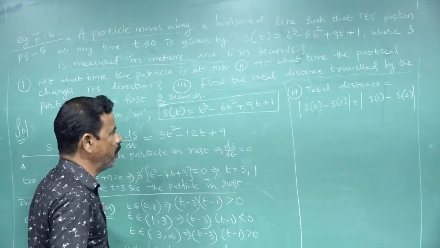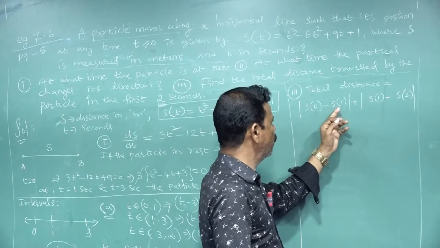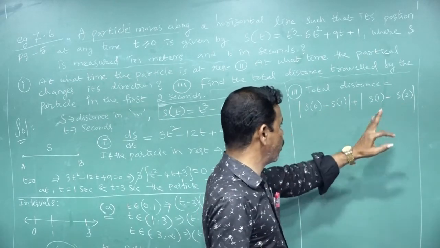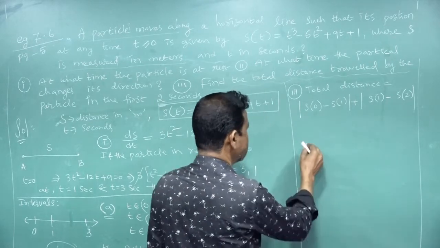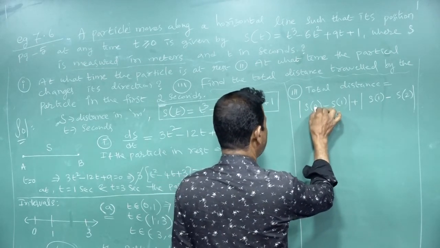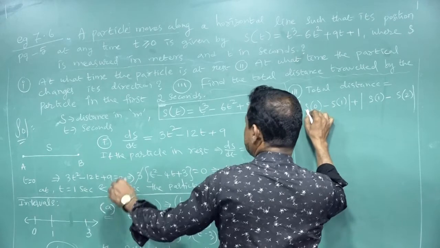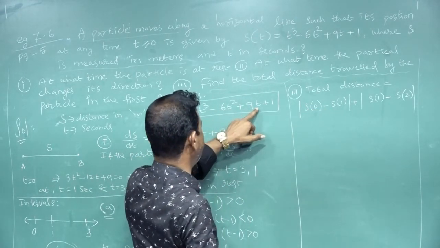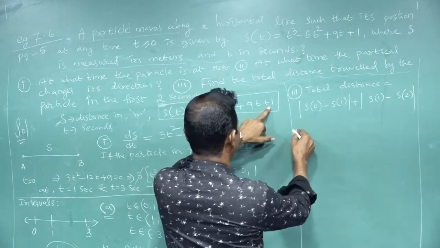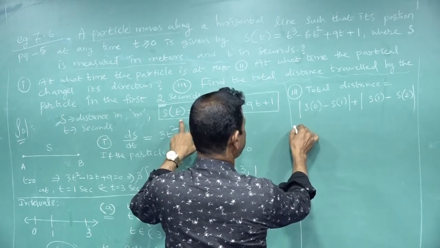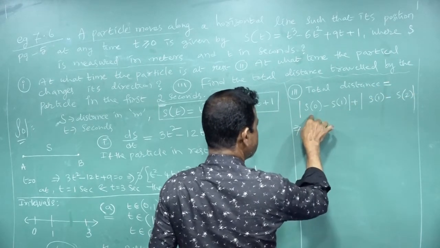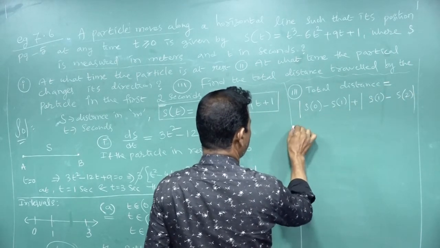First 2 seconds means consider 0 to 1 and 1 to 2. Not 3, we don't consider it; up to 2 is asked. So S of 0: substitute this 0 value in S. S of t is t cube minus 6t square plus 9t plus 1.